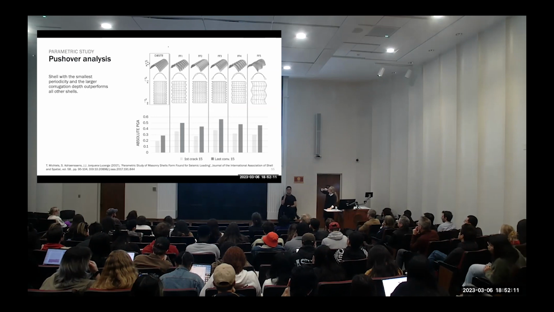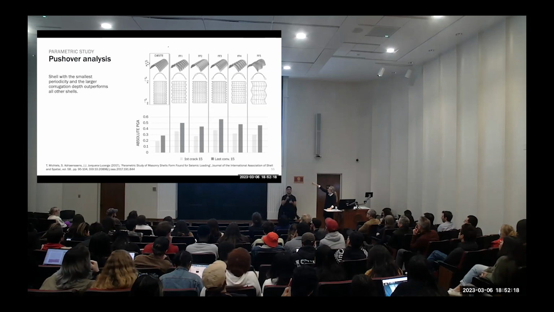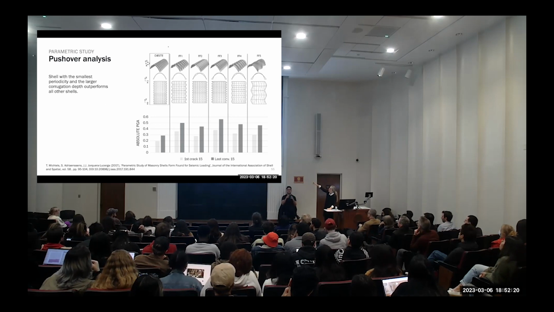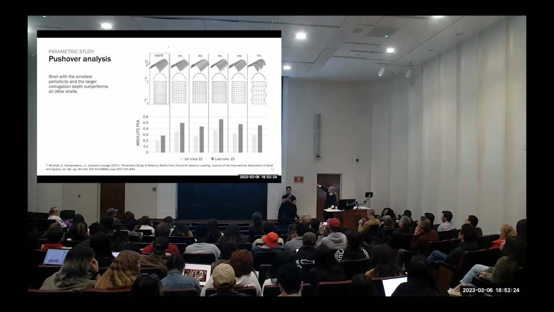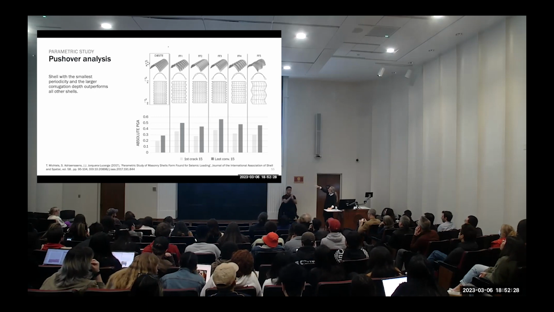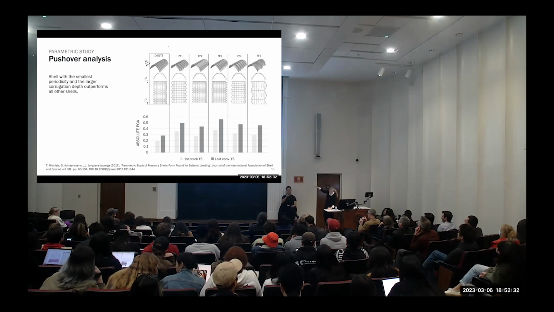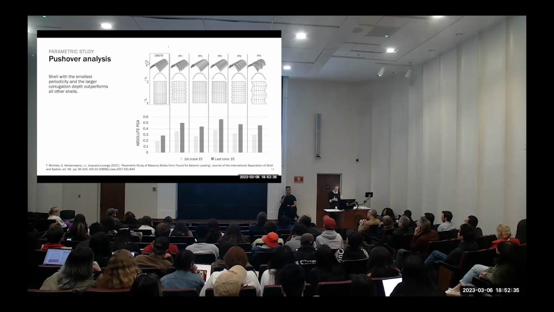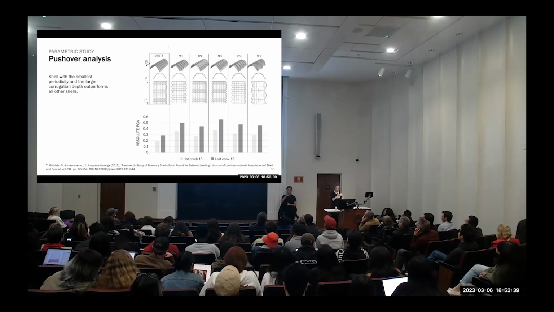And so when we compare all these shells, with the DSD shell as a kind of base model, we see that the DSD shell will start collapsing under 0.3 G. That is the earthquake design. But all the other shells, with the same amount of volume, just different geometry, way outperformed the DSD shell. FF3 has quite a deep corrugation depth, but very small periodicity.